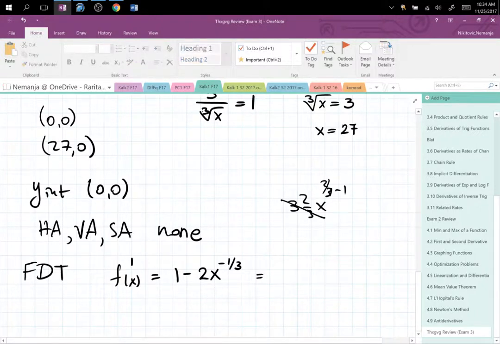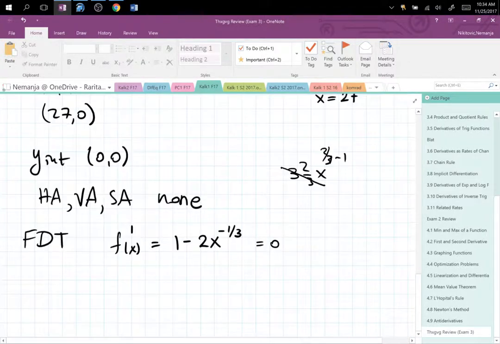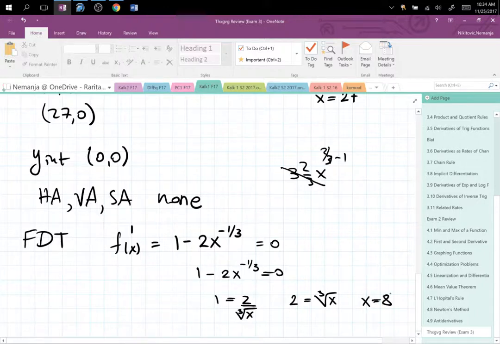We know that we are supposed to set the first derivative equal to 0. That gives us 1 minus 2x to the negative 1/3 equal to 0, which is 1 equals 2 over cube root of x, from where 2 is equal to cube root of x, and x is equal to 8. This is our critical number.